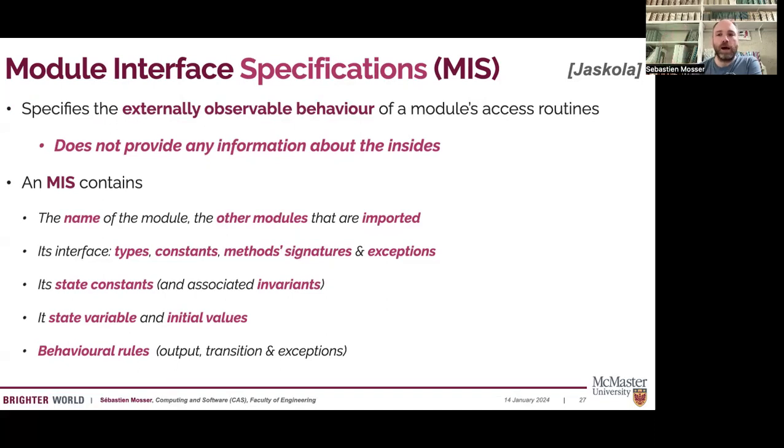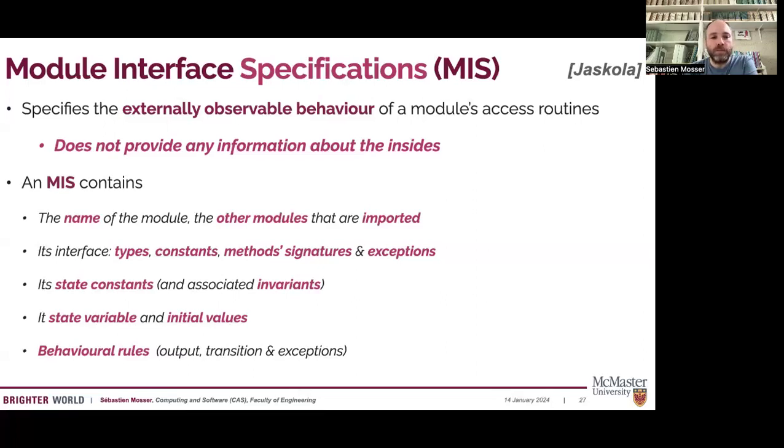In the tutorial, you'll have a template, and we'll go through a method to fill out the template. It's basically the name of my module, what's a maze, and the other modules that are imported. Maybe a maze uses something different. If the maze uses graph theory, maybe it's going to import a graph module that provides some services.